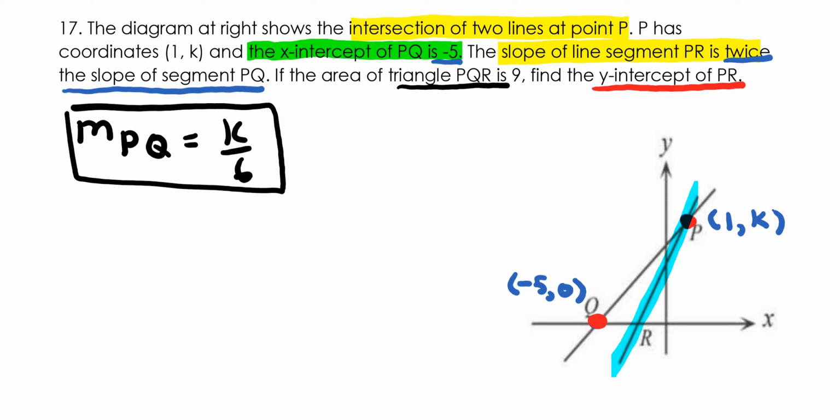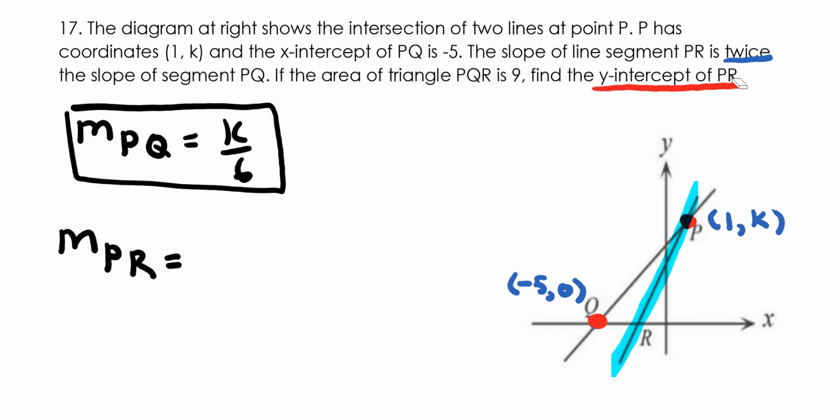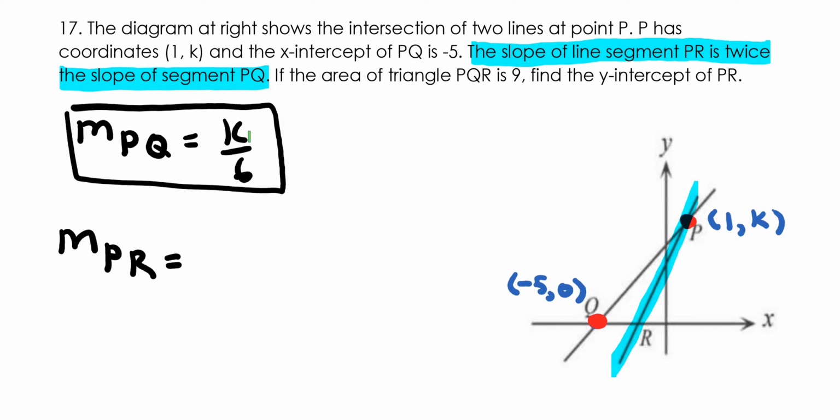All right, so now we need to find the slope of PR. And how do I do that? If I go back to the question, it literally states that the slope of the line segment PR is twice the slope of PQ. Okay, so that blue line is double the value of the slope of line PQ. So we know that the slope of PQ is k over 6.